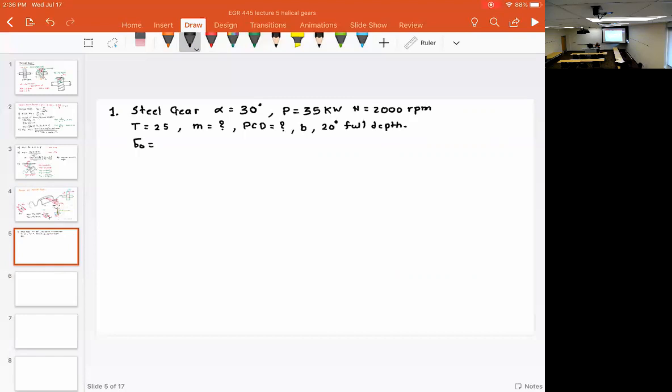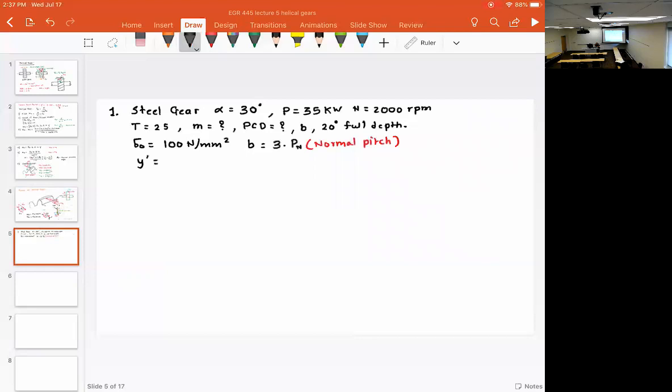Static stress for the cast steel may be taken as 100 megapascal, which is 100 newtons per millimeter square. The face width b can be taken as 3 times the normal pitch Pn. So Pn is nothing but the normal pitch.